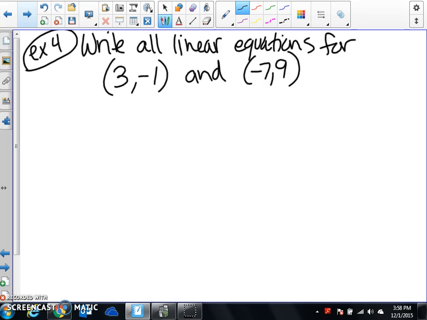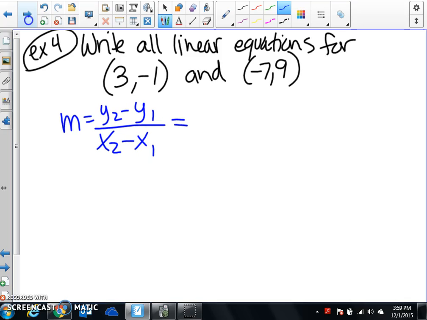I don't know. Let's just do those two. All right, I'm given 2 points. Remember, like we talked in class today, if I'm given 2 points, the only thing I can really do is find slope. So m equals y2 minus y1 over x2 minus x1.